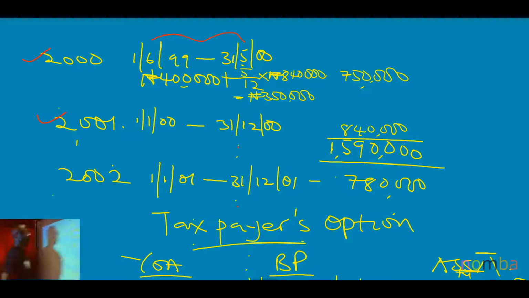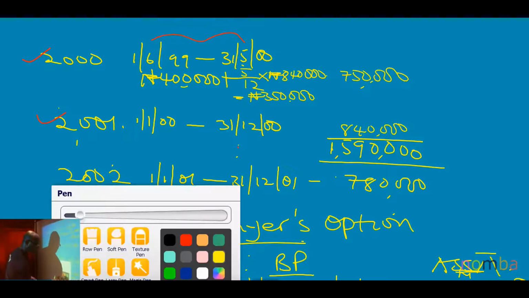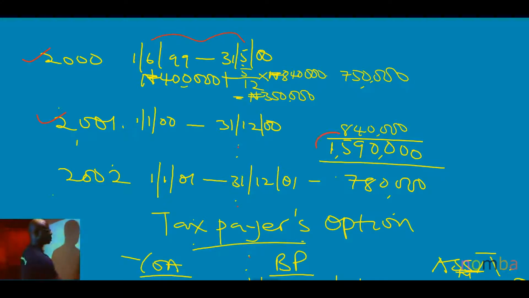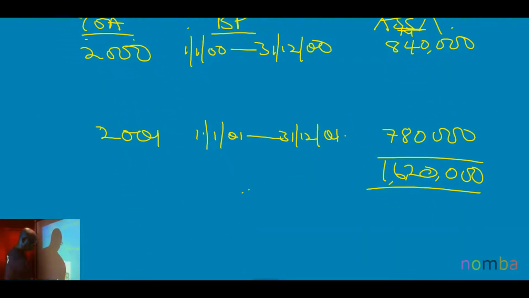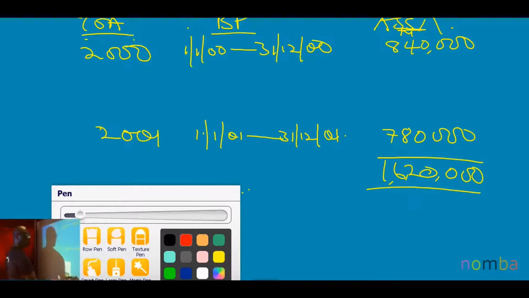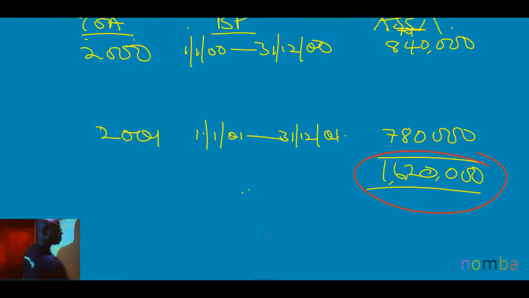Now, based on this, do you think Harold James should opt for his right? If you compare this figure to this figure, you agree with me that the last one here is higher. So obviously he will not opt for his right.